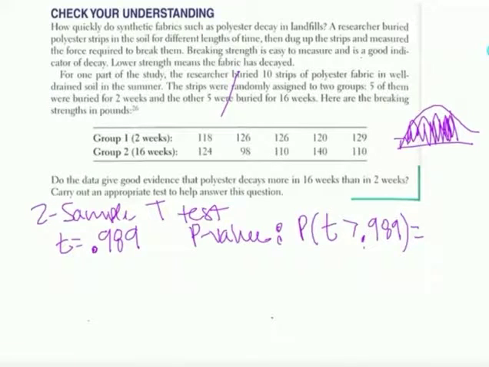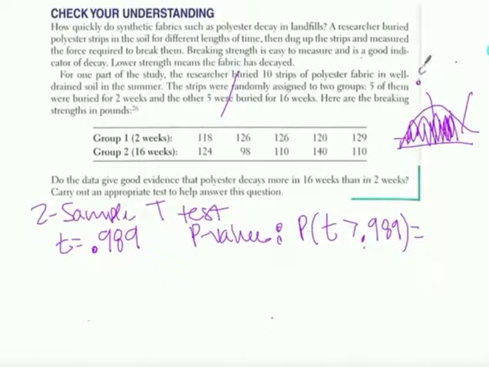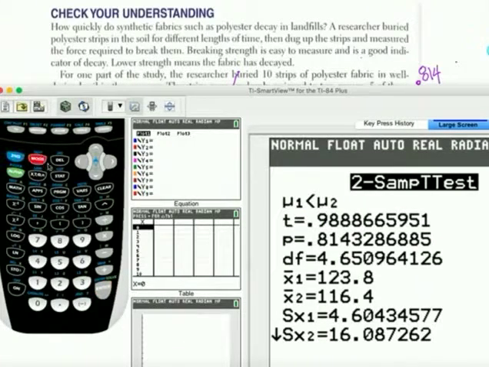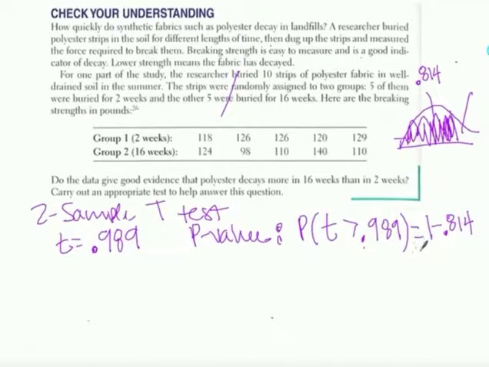But because you want a greater than, you need this space to the right. So all of this is the p that they gave you, the 0.814. But if I want to get this area, I'm going to have to say 1 minus 0.814. So when you go to the calculator and you do 1 minus 0.814, you get 0.186, which is what your actual p-value is.